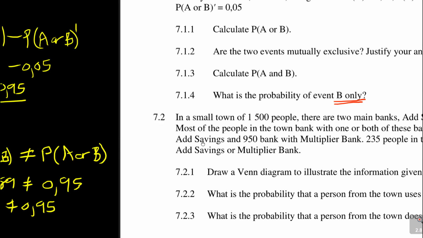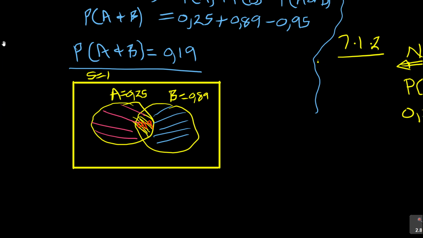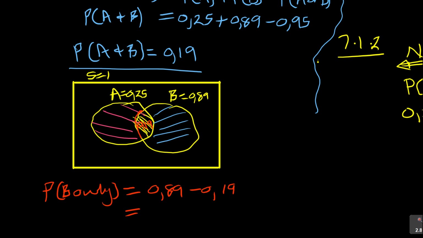Since you are interested in B only, remember B is 0.89, so probability of B only, what do you have? You have 0.89, then you subtract that 0.19. Are you getting that? Because here there is this intersection.